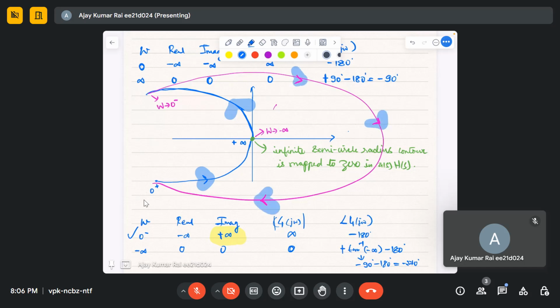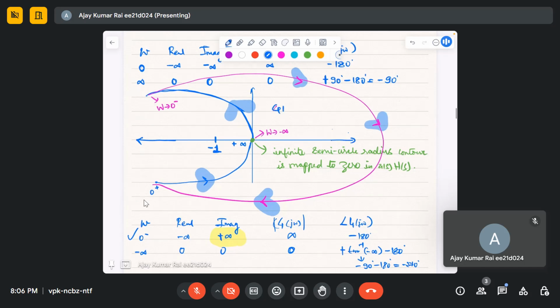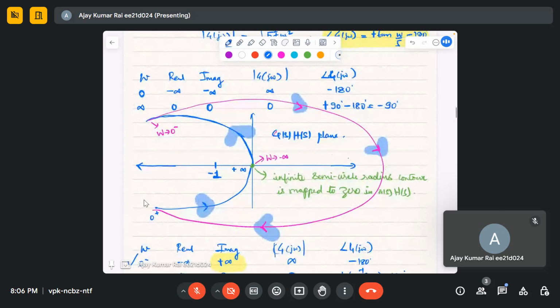You can see the point minus 1 is somewhere here, so you can see they are not encircling this point. This is the G(s)H(s) plane, and this is the Nyquist plot for the transfer function.